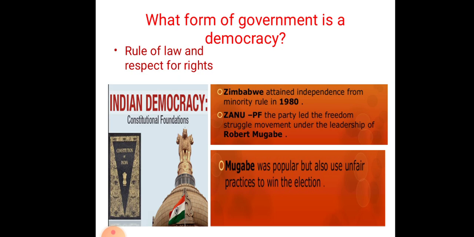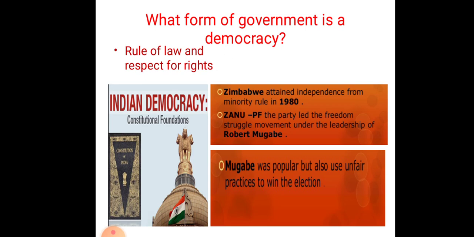What form of government is a democracy? When we elect a democratic government, where the leaders start to do whatever they want, that is not true democracy. Example, Zimbabwe. The ZANU-PF party always contests the election.